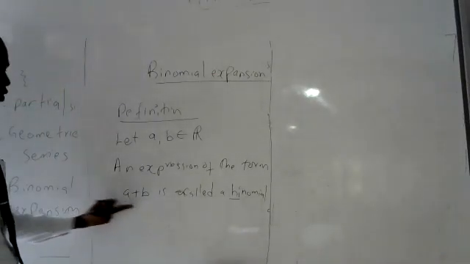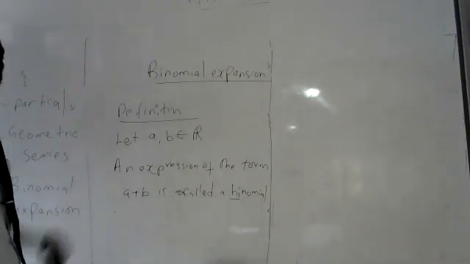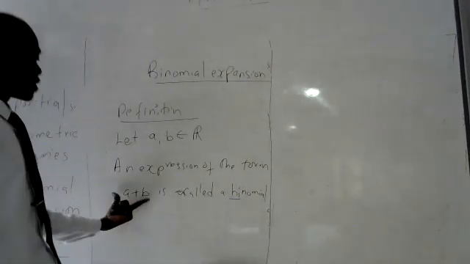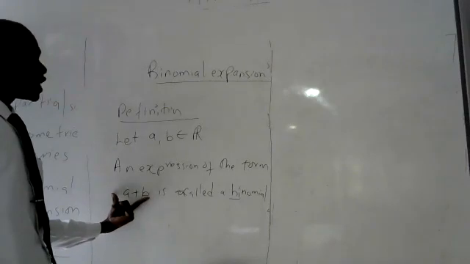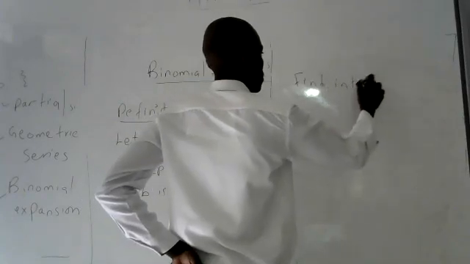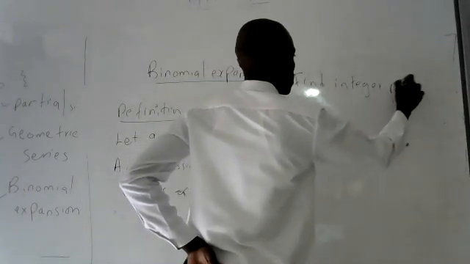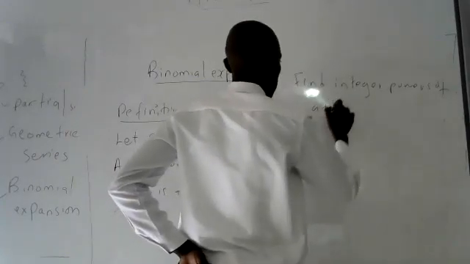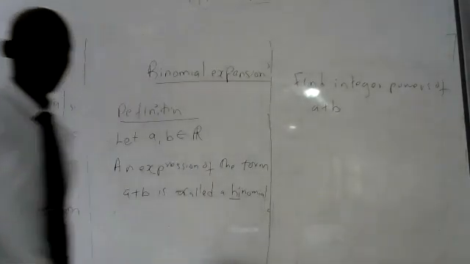So an expression of this form is called a binomial. And in this topic, we are interested in expanding this binomial. We want to find the powers. So the goal is to find integer powers of a plus b. That's our goal.